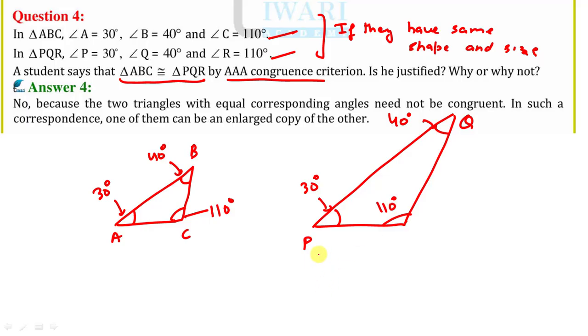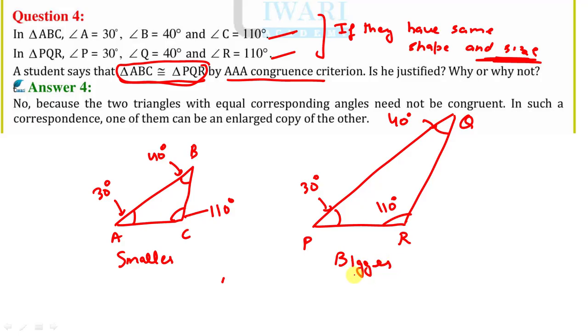So we cannot say that triangle ABC is congruent to triangle PQR, because they do not have the same size.